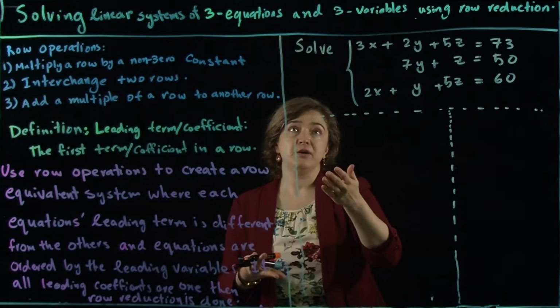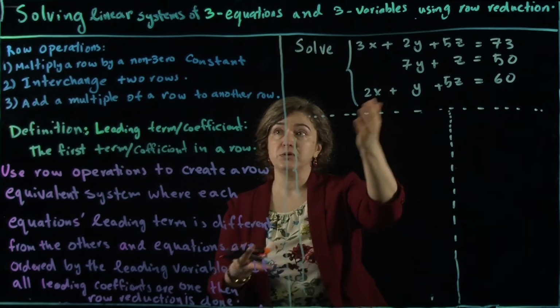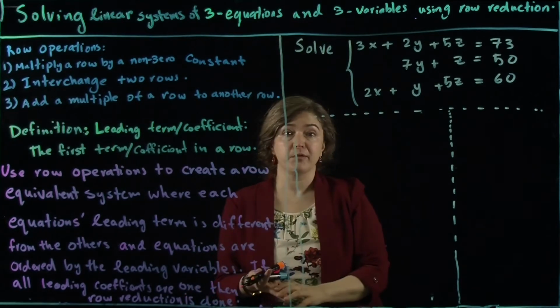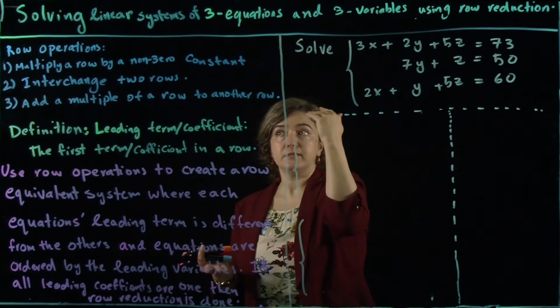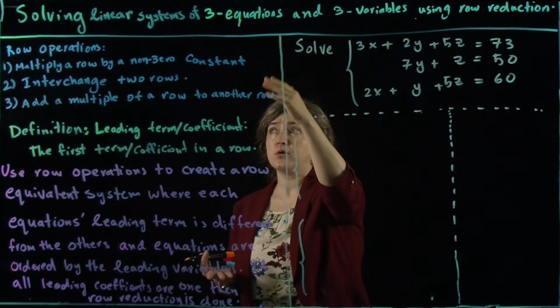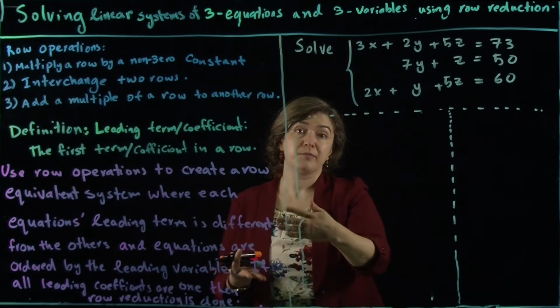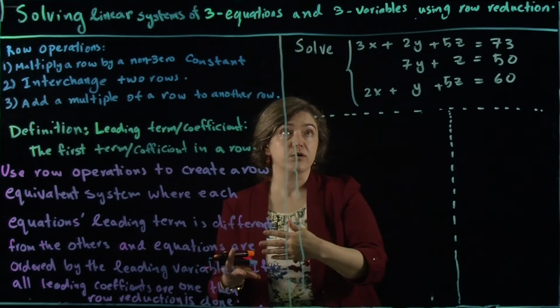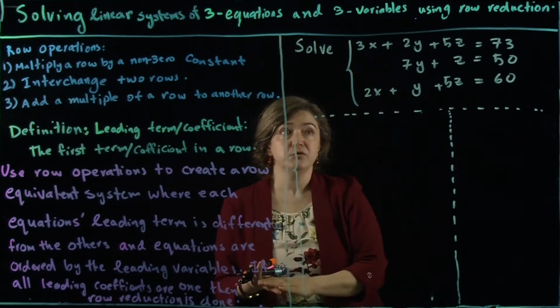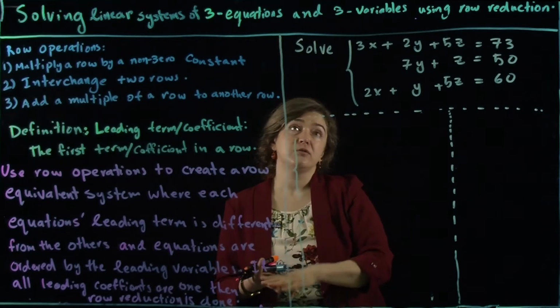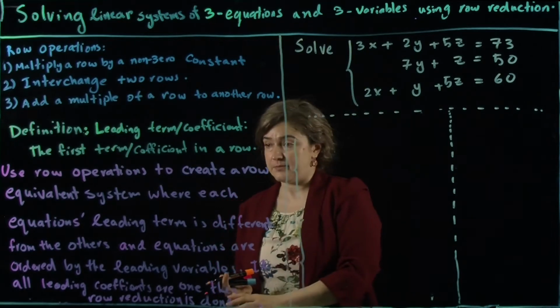And that's why the new system that you get by using any of the row operations or any multiple row operations in any order is row equivalent to the old system.